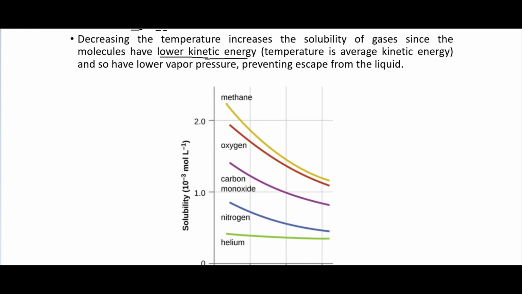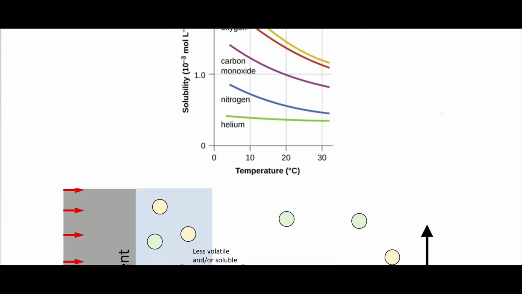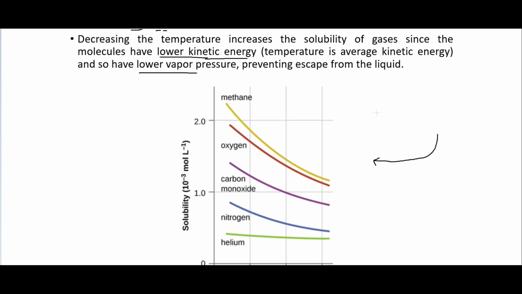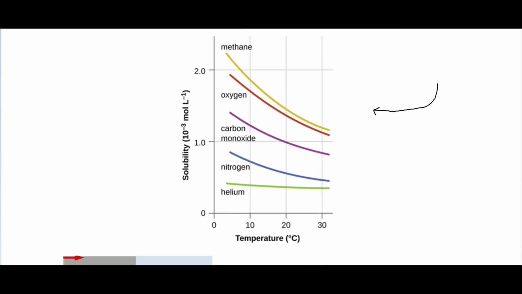And so the molecules have lower vapor pressure, which prevents them from escaping the liquid. So here are just some actual data for the solubility of different gases in a liquid as a function of the temperature here. And so we see that those actually go down as we increase the temperature.